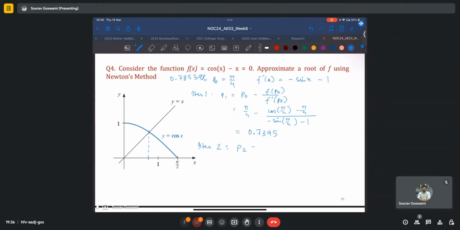In this case, P2 will equal P1 minus f of P1 by f prime of P1.